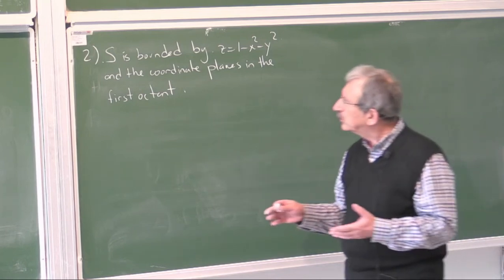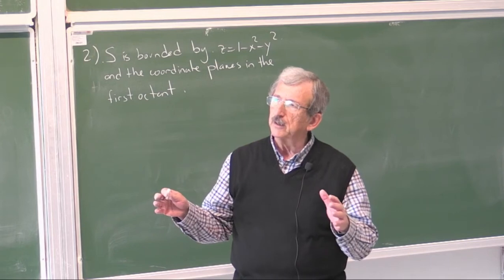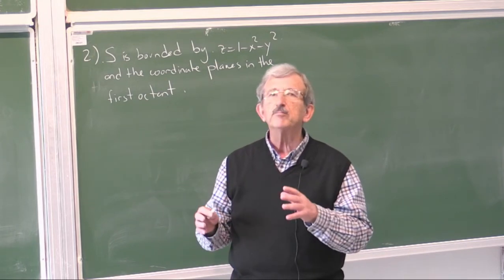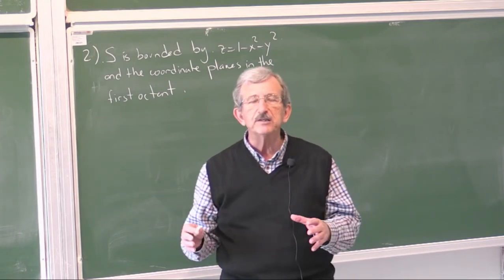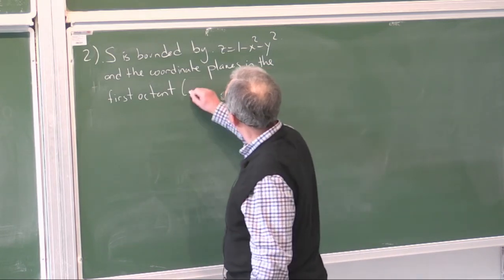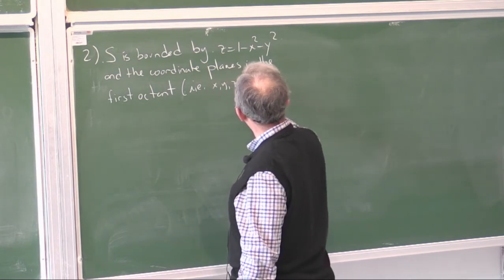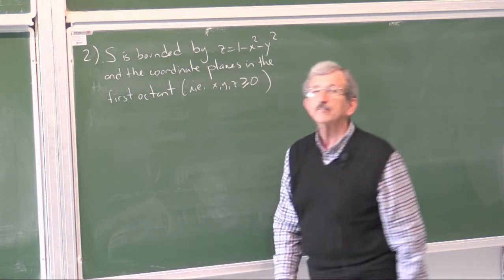Well, when you do the same thing to the space, the coordinate planes divide the space into 8 parts. First octant means that x, y, z are all non-negative.